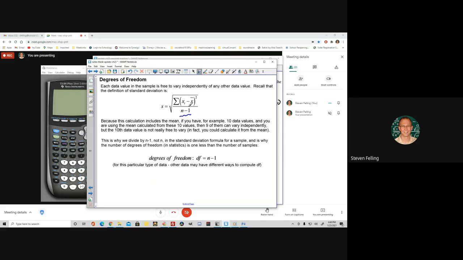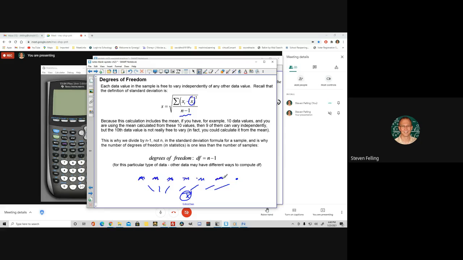Why is that happening? Well, let's say you had some pieces of data here and they're varying like this, and then I have another piece of data here. If I have calculated the mean of that data, and then I'm using that mean in the calculation of the standard deviation, then it's okay for this one to vary and this one to vary and this and this.